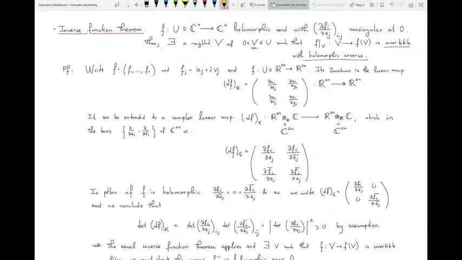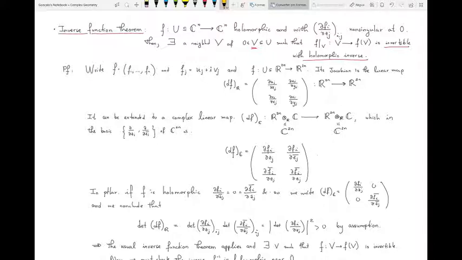Okay, so the idea of the proof is basically, first, to put ourselves in the condition where we can apply the usual inverse function theorem, and then that will give us the first conclusion, and then we prove the second conclusion by direct computation that this inverse is holomorphic. So let's first start with putting ourselves in the position where we can apply the usual inverse function theorem.